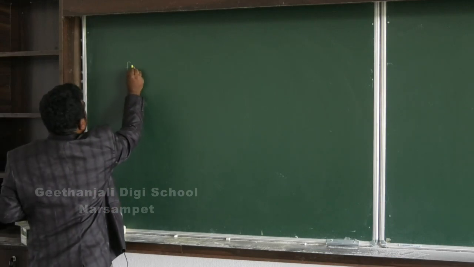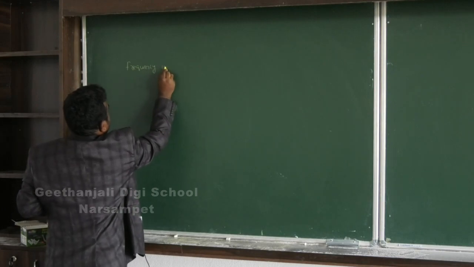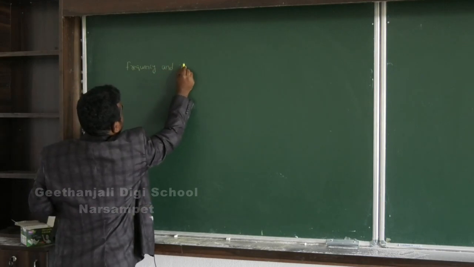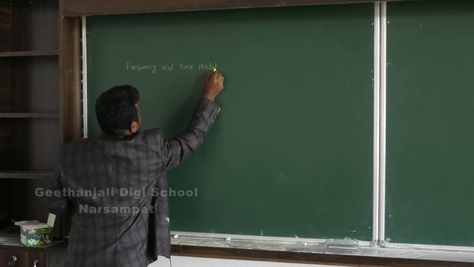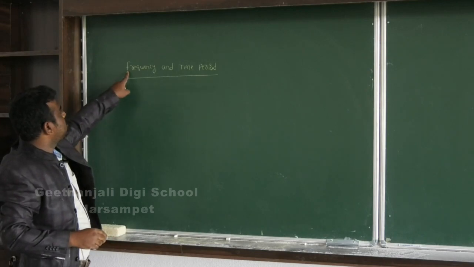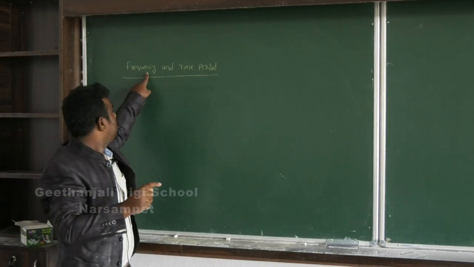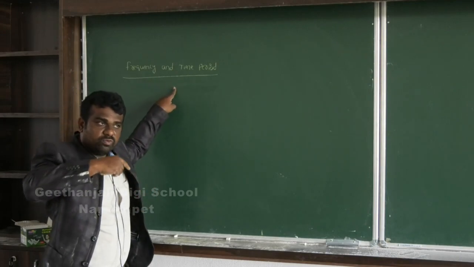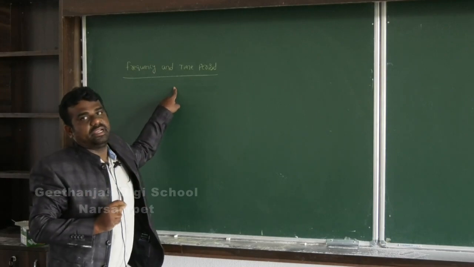Frequency and time period. We define the term frequency in circular motion when the particle is moving with a constant linear and angular speed.